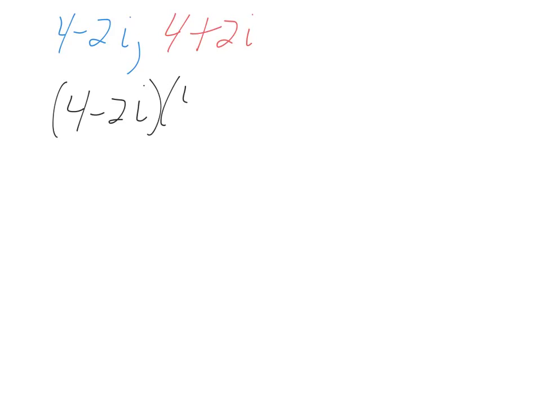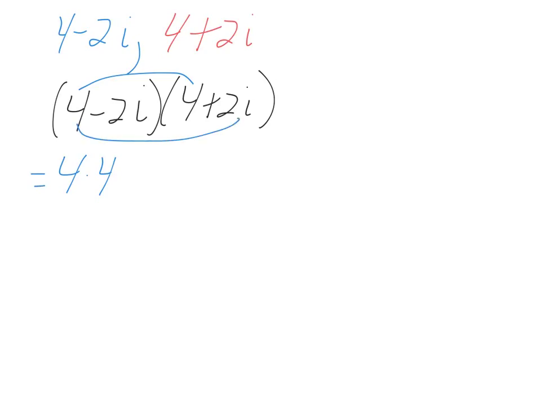Alright, now let's try it with some expressions here. So let's say we had 4 - 2i. Well, the conjugate of that would be 4 + 2i. So it's just the opposite there. Now if we multiplied them, we'd have (4 - 2i)(4 + 2i). And then we just FOIL it, like we did before. So that's going to be 4 times 4, and I'm going to write out a lot more than I need to, just so you can see step by step.